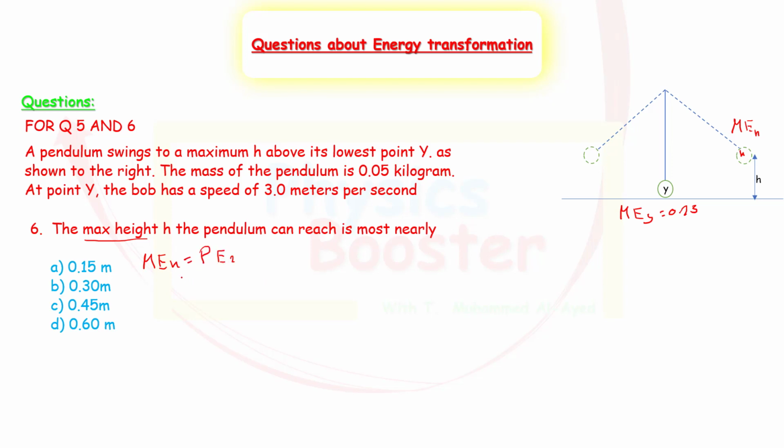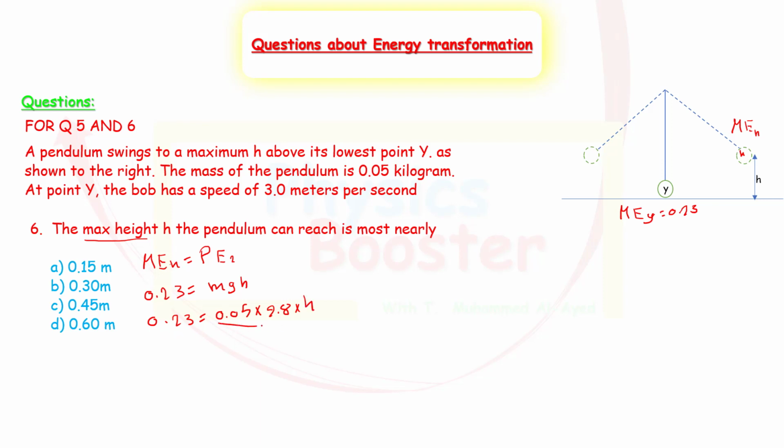Okay, now we know that the mechanical energy is always conserved, since we found the mechanical energy at location y and it was equal to 0.23. So I can say that 0.23 is equal to the potential energy, which is mgh. Again, 0.23 is equal to the mass, which we already know, 0.05, multiplied by the gravitational acceleration, which is 9.8, multiplied by the height, which is the unknown.